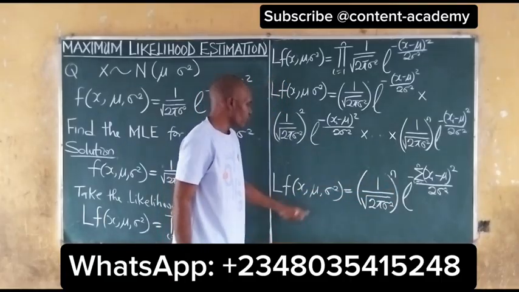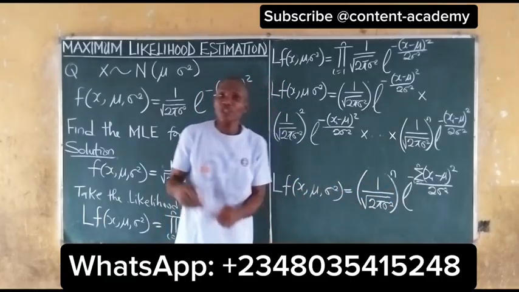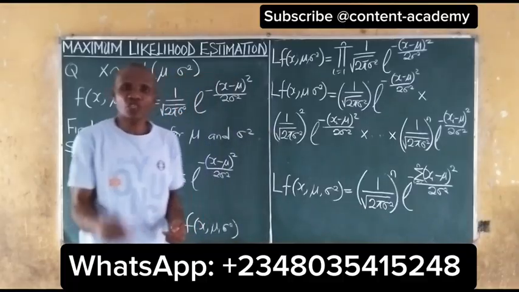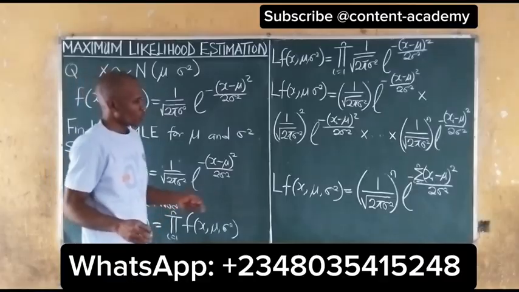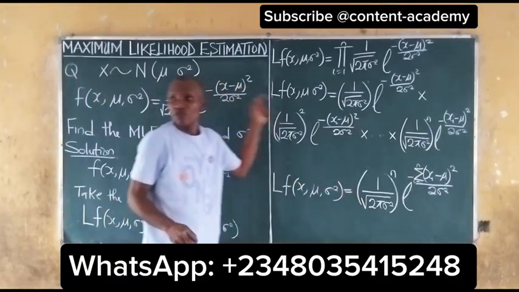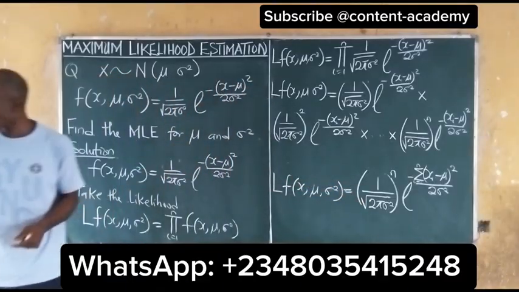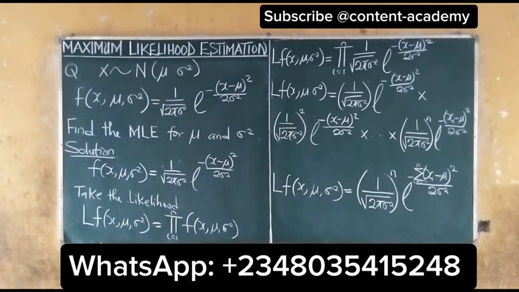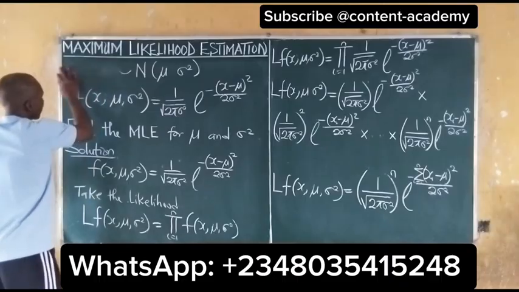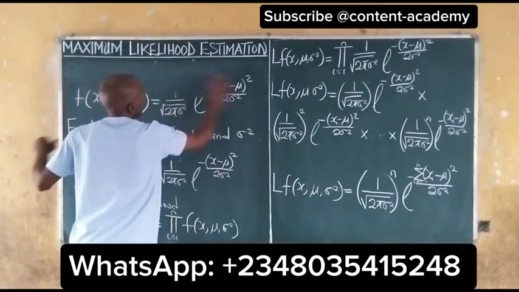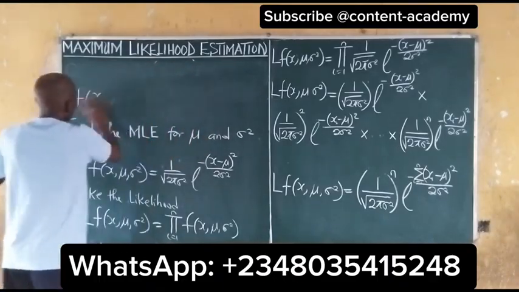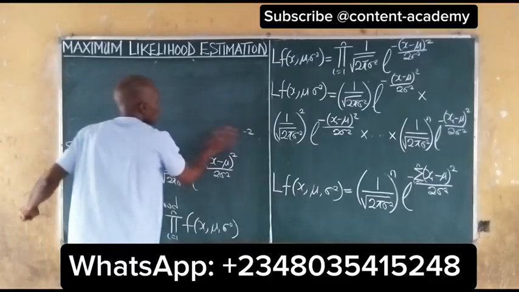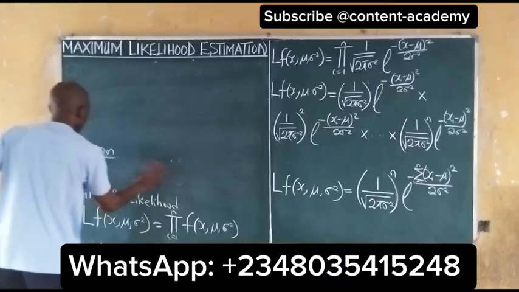The first thing to do is to rearrange this properly so that it will be very easy for us to take a logarithm. So how do we rearrange this? We just consider the likelihood function of the normal distribution.